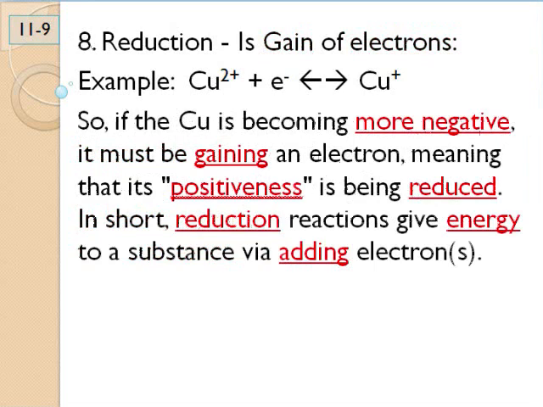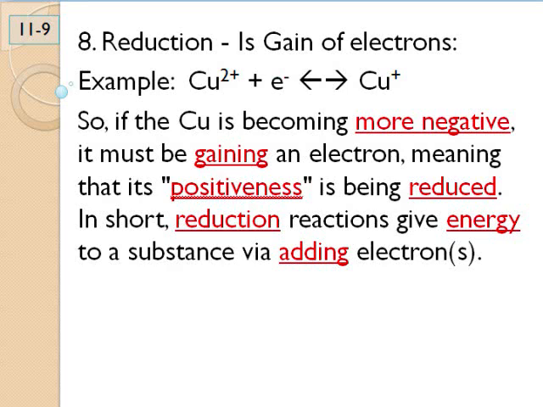So here's reduction. I'm gaining electrons. Now, if you look on this side, we have copper. He's a +2. I give him a negative. Is he still +2? No. What's he now? +1. Does plus become less? That's reduction. You went from +2 down to +1.